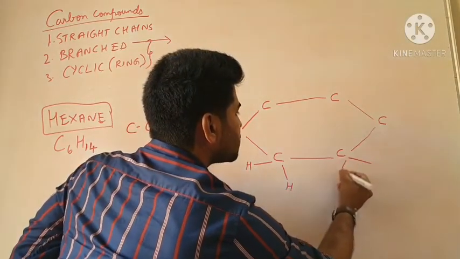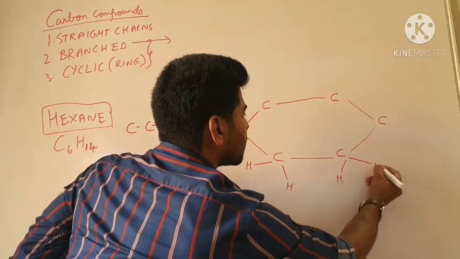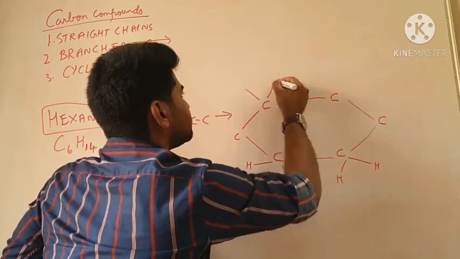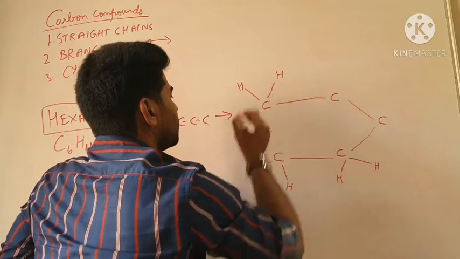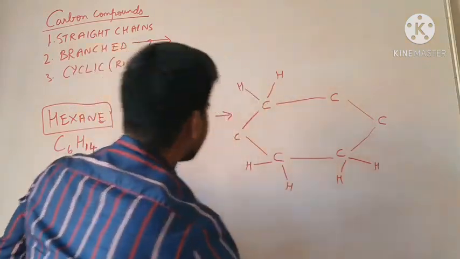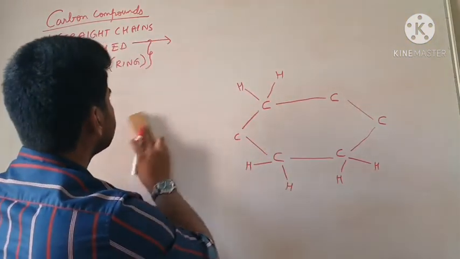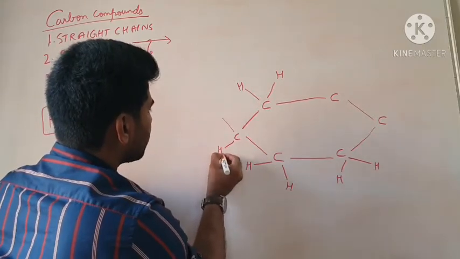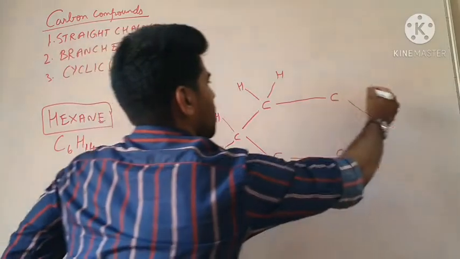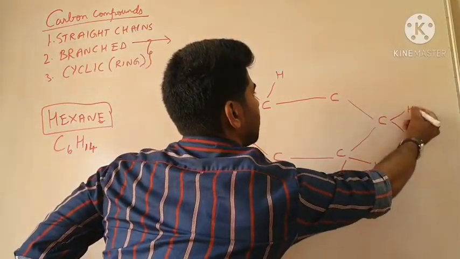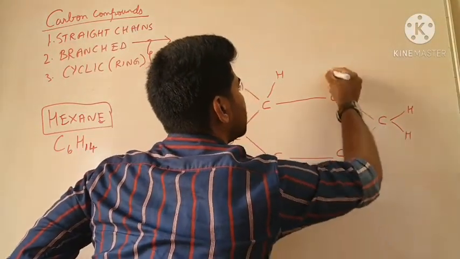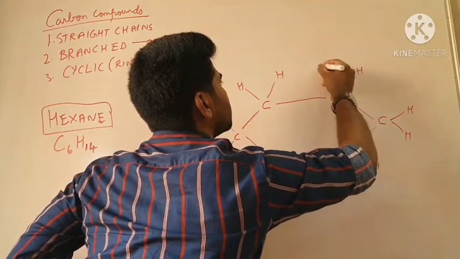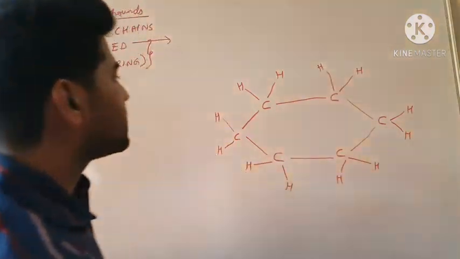Similarly, we can do this for all the carbon atoms. So we have 6 carbon and we have their valencies satisfied.